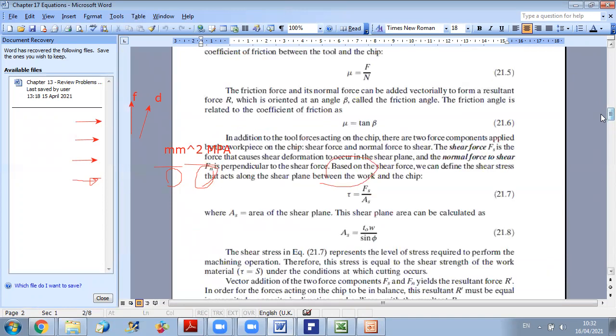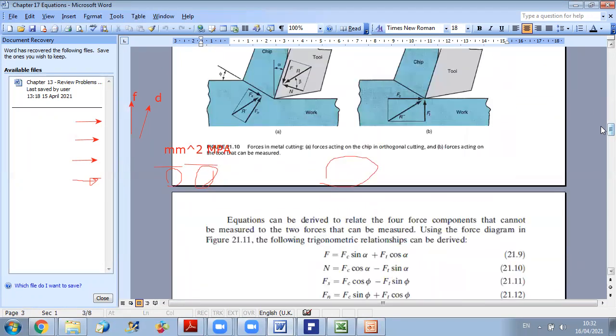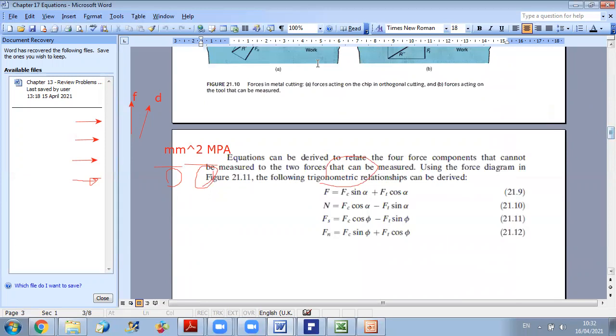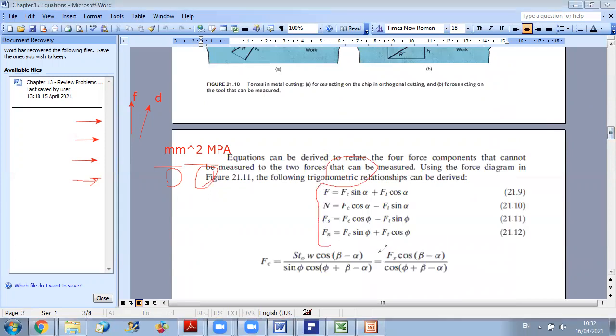So if you remember, after writing these relations, we said that by just using the set of equations we derived, we can find the cutting force and the thrust force as a function of the shear force and the angles beta, alpha, and phi. So it depends on what your unknowns are, you select your equations.